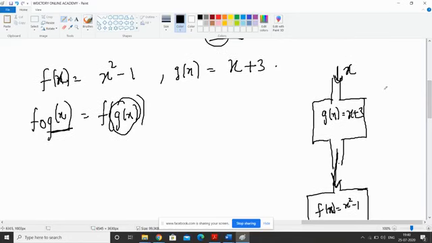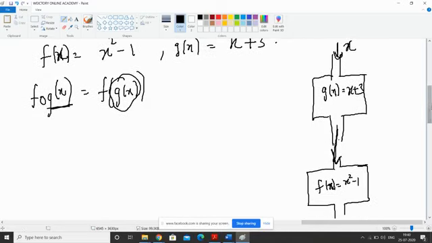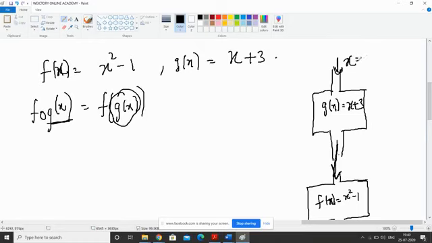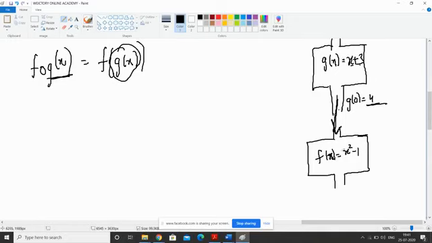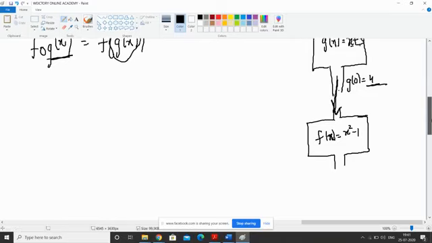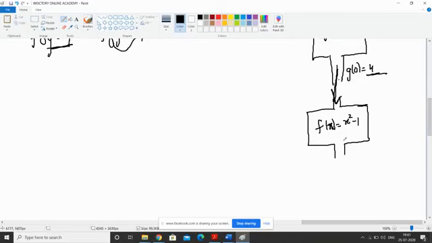Okay, so I'll give you an example with a value. Let's say x is equal to 0. When you give x is equal to 0, you will get 0 plus 3, so g(0) is 4. Now this 4 will go inside this f(x), and f(x) will work on 4 and give you the output.